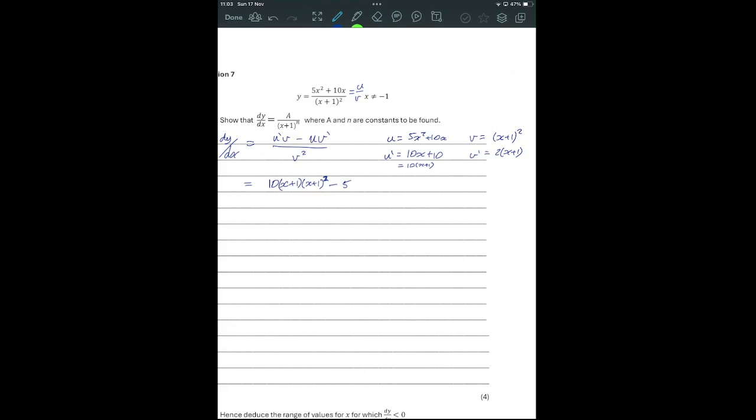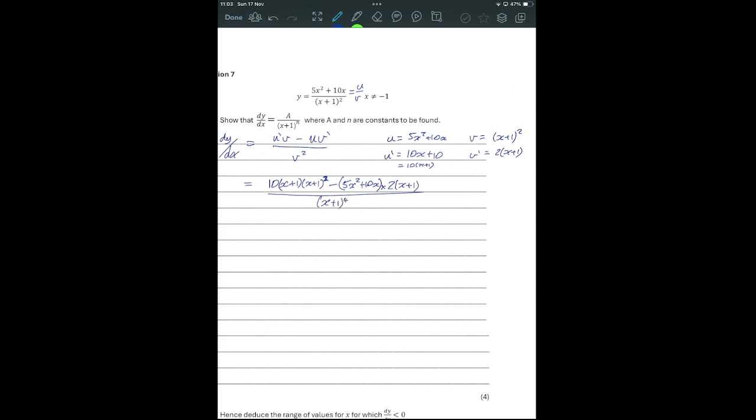I could factorize that one, but I don't see anything that will end up cancelling nicely. So I'm going to leave that one unfactorized, times by v dash over v squared, which was x plus 1 squared.